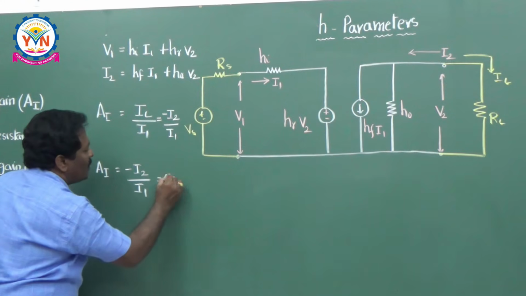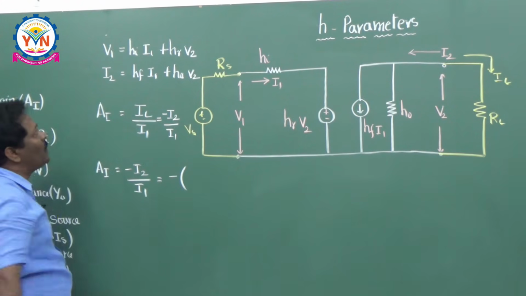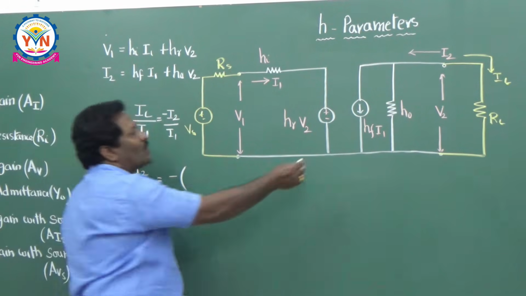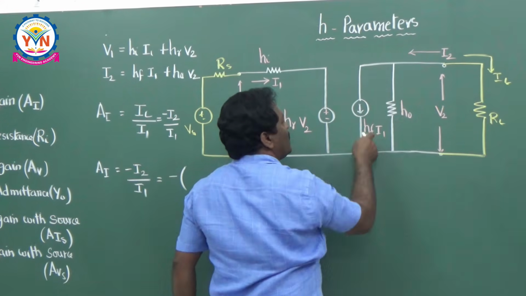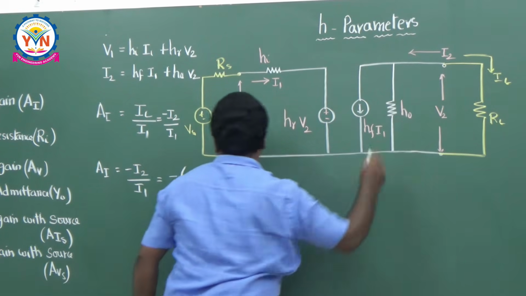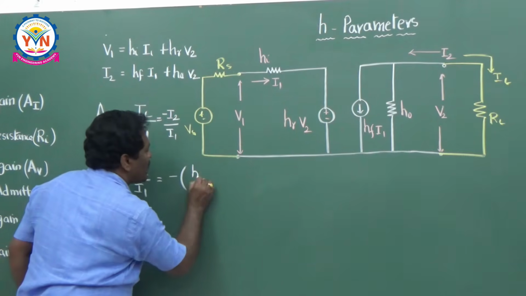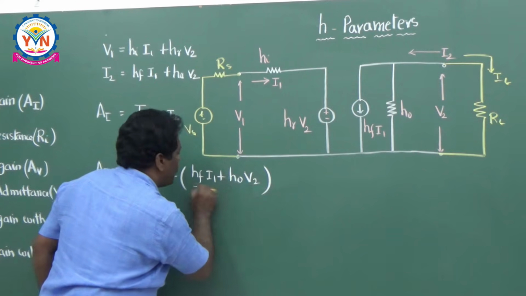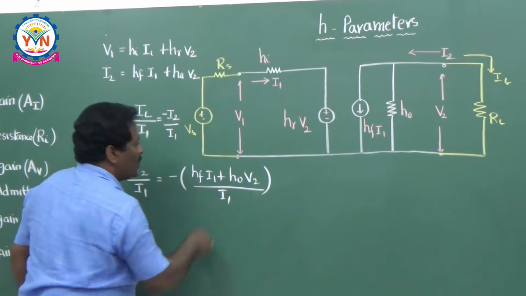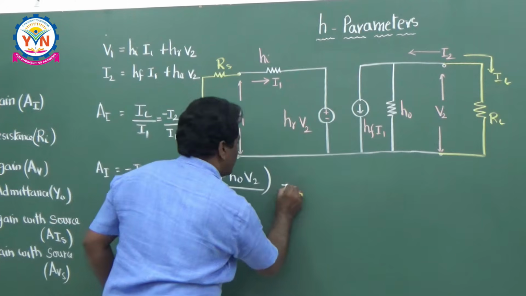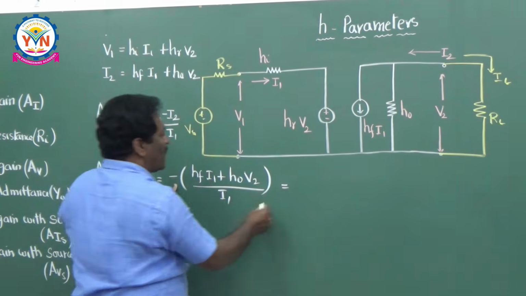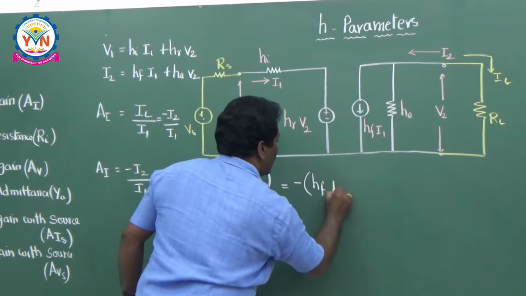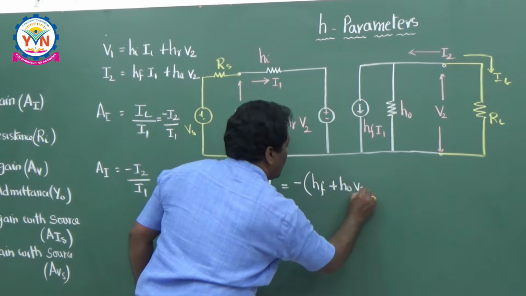That is equal to minus of, in the place of I2, I can write the second equation, Hf times I1 plus Ho times V2. So I2 is equal to Hf times I1 plus Ho into V2, divided by I1. I1 and I1 will be cancelled, minus into Hf plus Ho into V2 by I1.